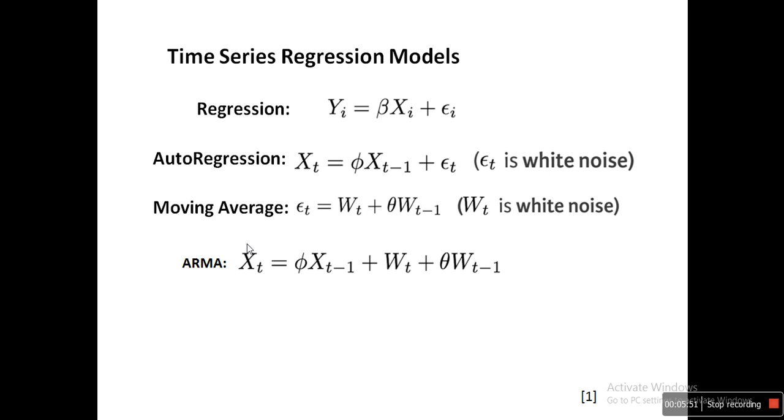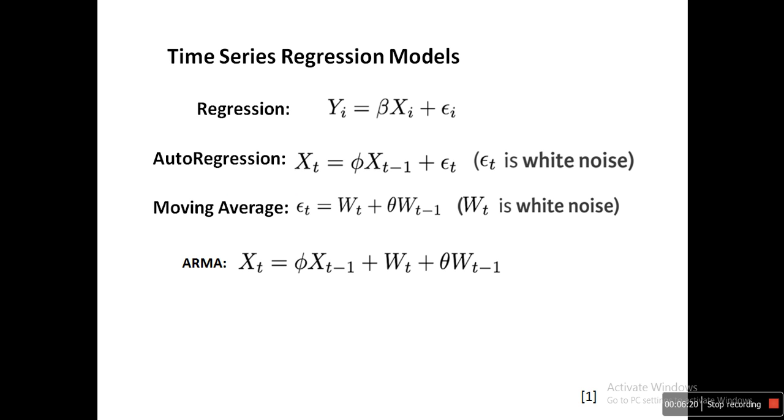If we combine the regression over the previous data and the regression over the previous errors, it will give you the ARMA, autoregressive moving average. Usually ARIMA means autoregressive integrated moving average.